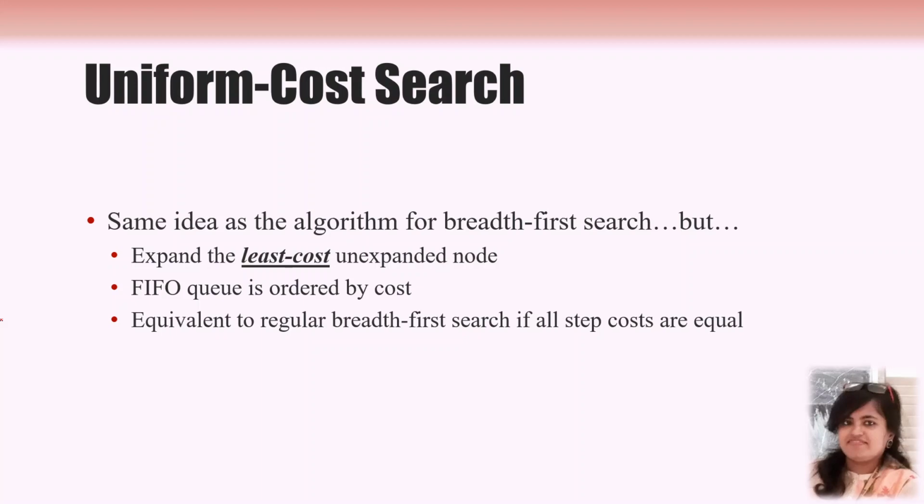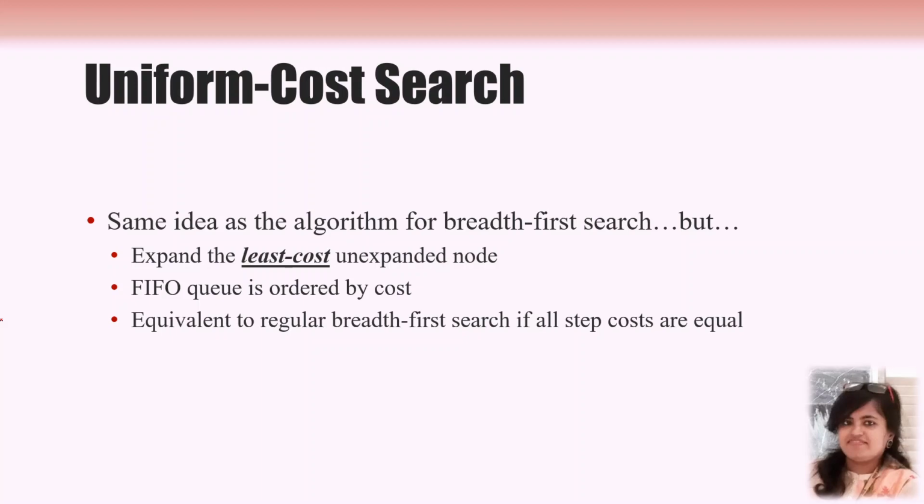The next search technique that we are going to talk about is the uniform search, or uniform cost search. This will be in a similar fashion to breadth first search. Same idea as the algorithm for breadth first search, but it will expand the least cost unexpanded node. Here the FIFO, first in first out, queue that we have taken for the BFS will be ordered by the cost.